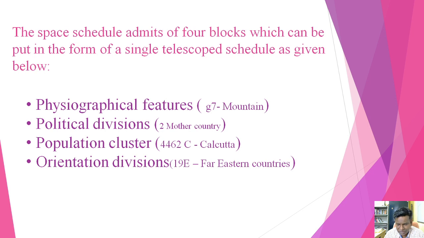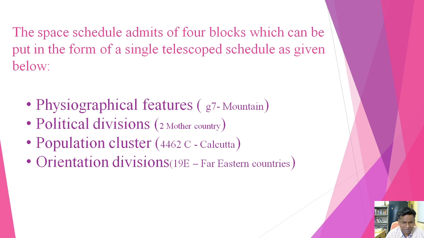Population cluster is defined as the cluster or individual locality in a particular area. For example, Shillong in Meghalaya, Chennai in Tamil Nadu, Zurich in Switzerland. See, for example, population cluster 4462 stands for Bengal. Suppose you want a number for Calcutta, C for 4462, C denotes Calcutta. So that is the meaning of population cluster. Next is orientation division.